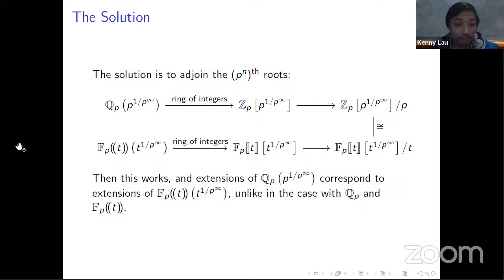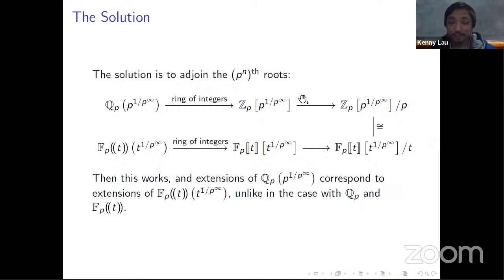And so the theorem is that now if you do the same trick, right? If you do the same trick of taking one extension of this and descending it to an extension of this, then you somehow end up with the same thing, and you don't collapse different extensions. And you can do the same thing from here, right?